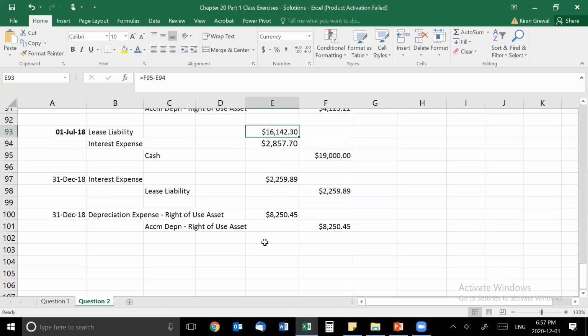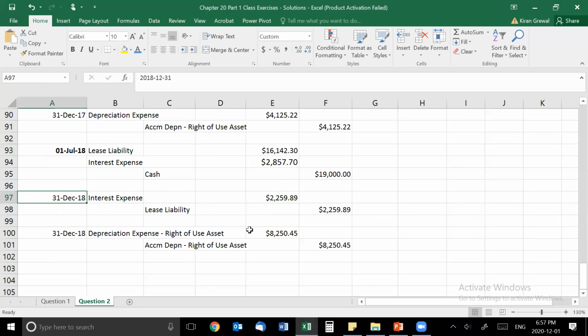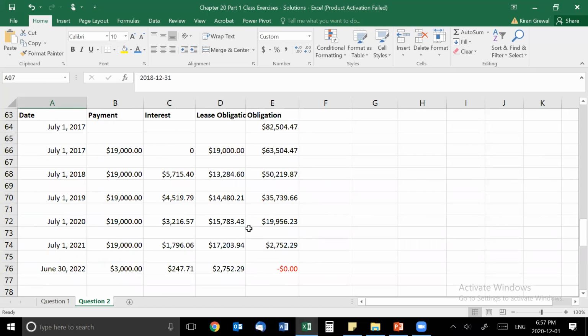And then we kind of got to do the same thing on December 31st. Our total interest expense for July 1st, 2018 to July 1st, 2019 is $45.20 basically. But this is for up until July.